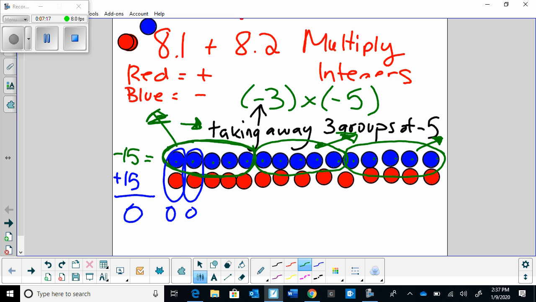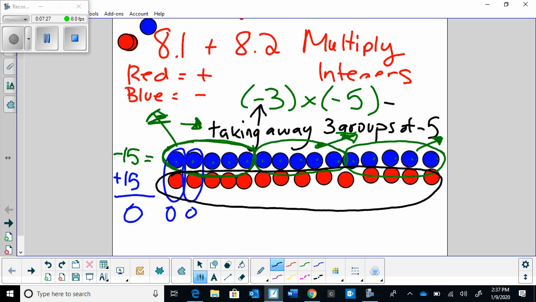So at the end, when we've taken away all of these, all we're going to be left with is 15 positive red chips, because red means positive. So for a multiplication statement, negative 3 times negative 5 is positive 15.